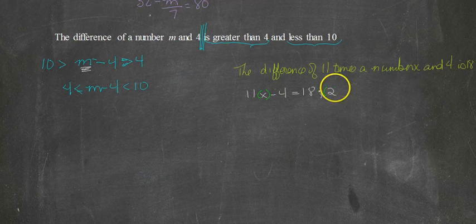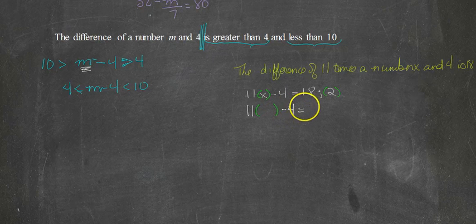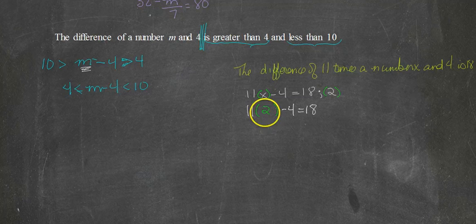So I'm going to plug in 2 for x. I'm going to trade these out. So that would be 11 times the thing I'm going to substitute, minus 4 equals 18. Well, 11 times 2 is 22, minus 4 equals 18.